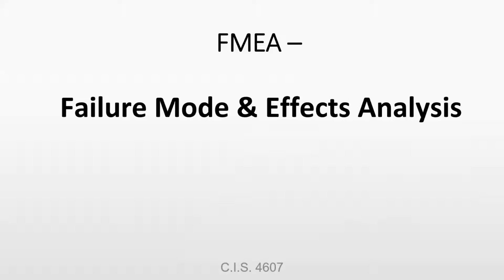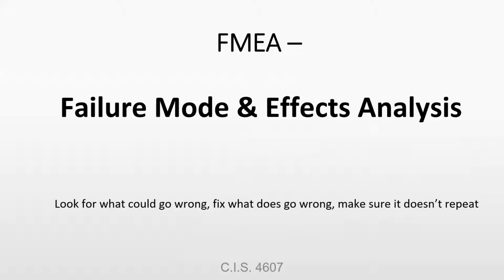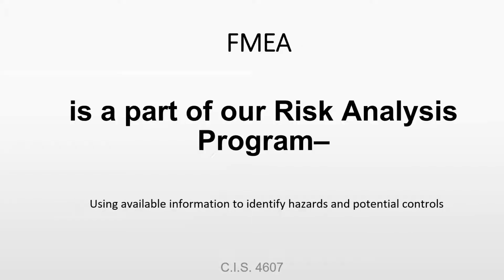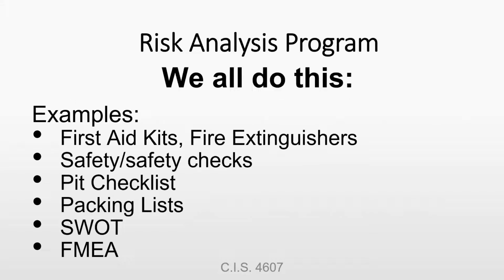Okay, so FMEA is failure modes and effects analysis. It's looking for what could go wrong and how to fix those things so we can prevent them. So it is a part of our risk analysis program. Some examples, we all do this.